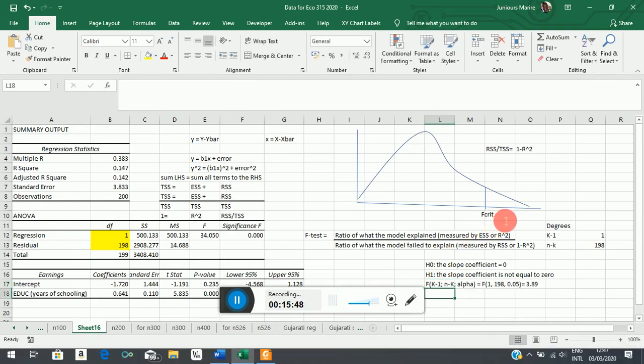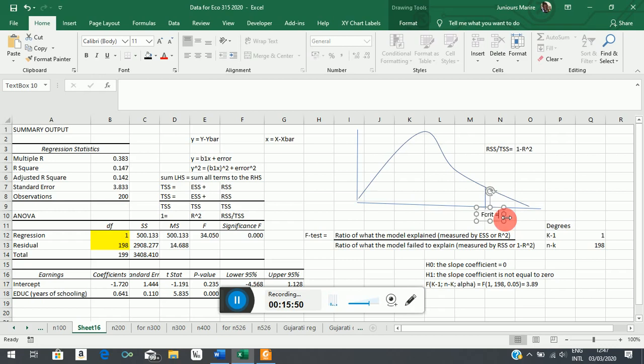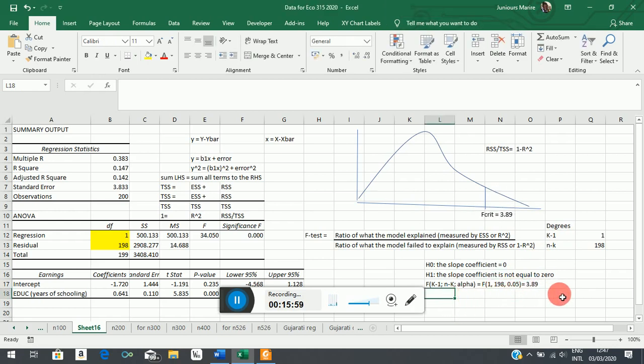In terms of this, it is about 3.89. That's the critical value. You see that. Then the next thing is to state our decision rule. The decision rule is if our F observed is greater than our F critical, reject your H0.